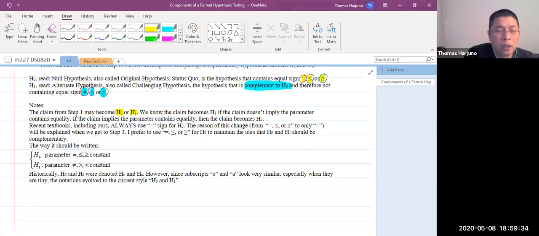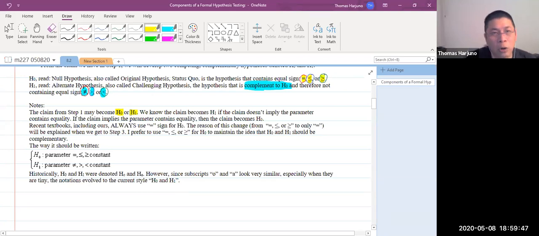Now, how do we know whether the claim will become the null hypothesis or the alternate hypothesis?